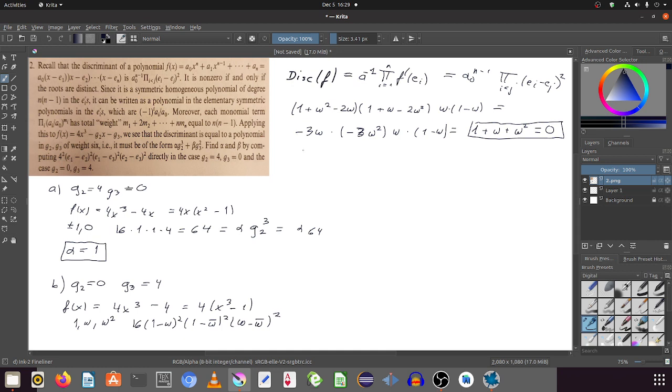So that's 9 omega to the third. I was very convinced that the discriminant was real.